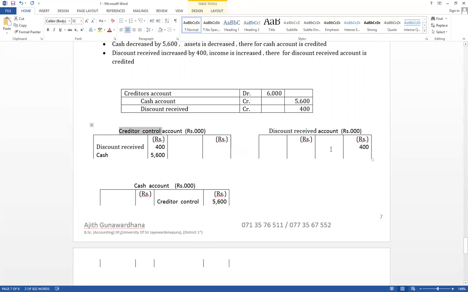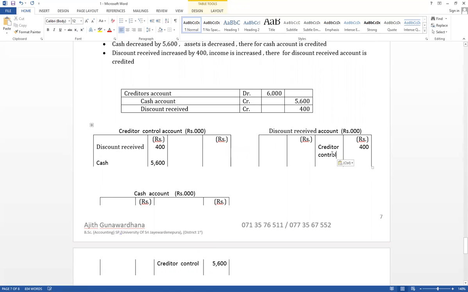Name the other ledger accounts. And the cash paid amount: cash account credit, creditors control account debit. Paid in cash, that value also affects cash decrease, therefore cash account credit, creditors account debit.